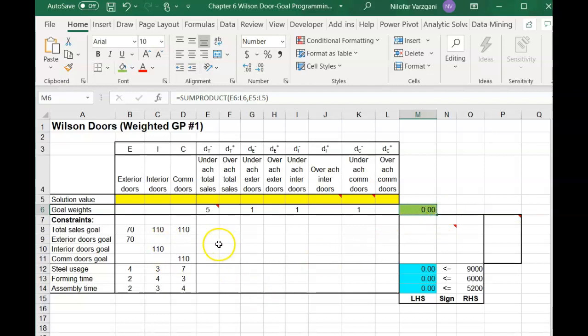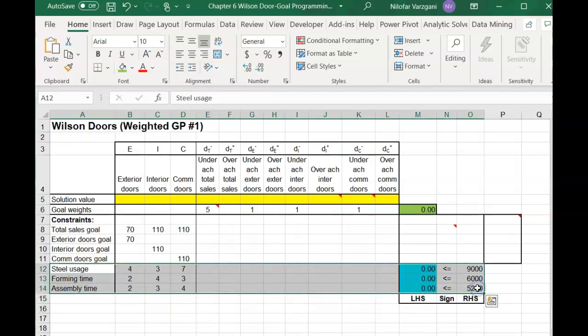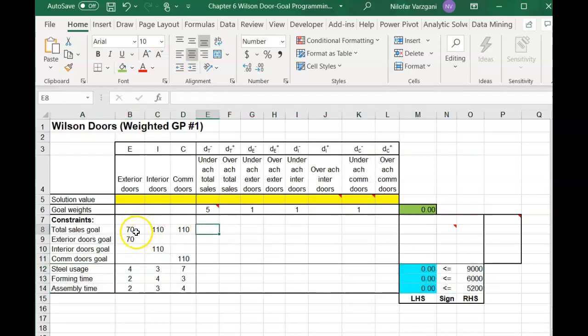The next step is to put in the constraints that we added. I've already added the original 3 resource constraints that we had in our LP model. I'm only going to add the new 4 constraints, which were around the definition of each goal. The reason for adding these constraints to our model is so that Excel knows how each of these deviation variables are associated with the goals that we have.